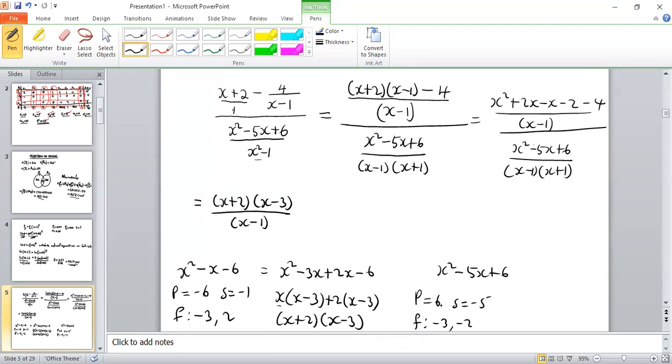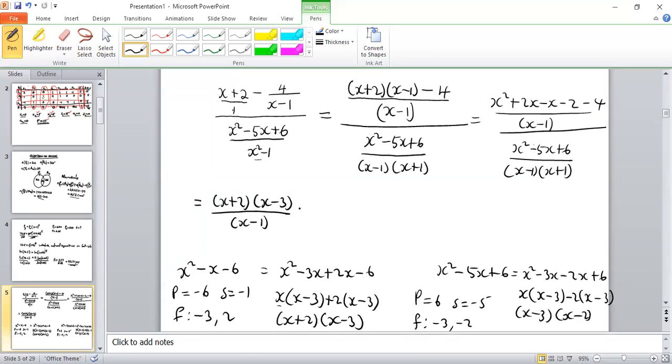When we multiply them, we get +6, which implies x squared minus 3x minus 2x plus 6. Then we have x open bracket x minus 3, then minus 2 is common, then we have x minus 3. So this will be x minus 3 and x minus 2.